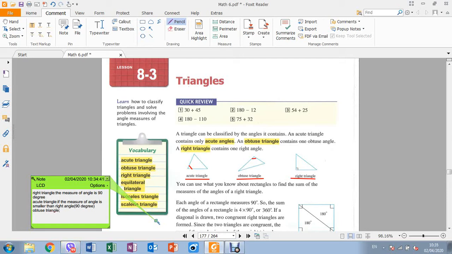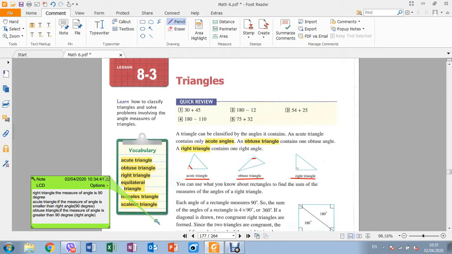Obtuse if the measure of the angle is greater than 90 degrees, greater than a right angle.